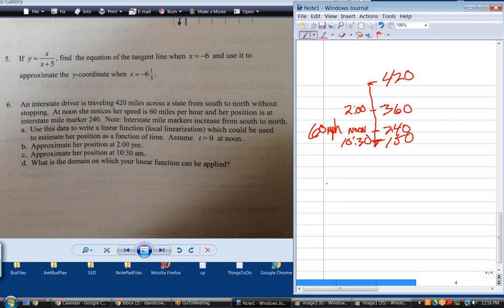Well, her position along her route is 60 times t plus, why is it not just 60 times t if she's going 60 miles per hour? What is the domain on which your linear function can be applied?